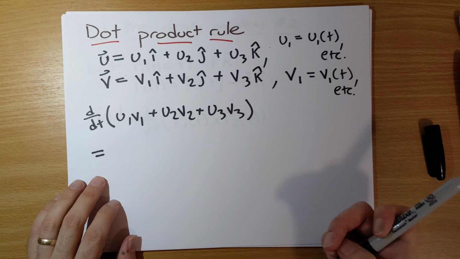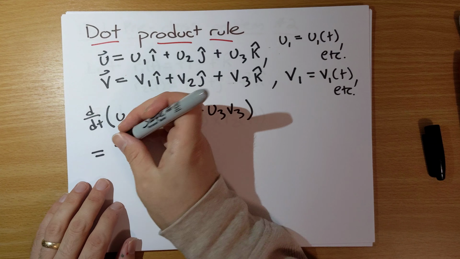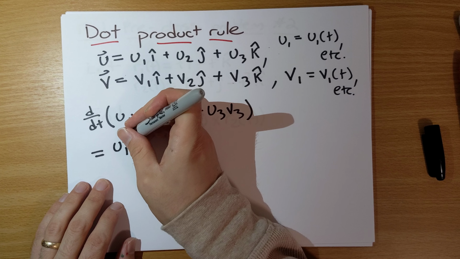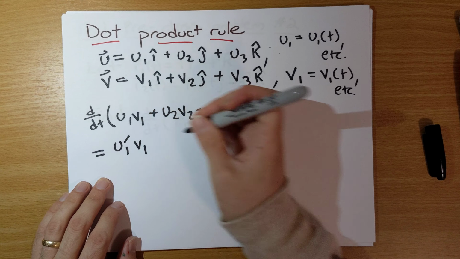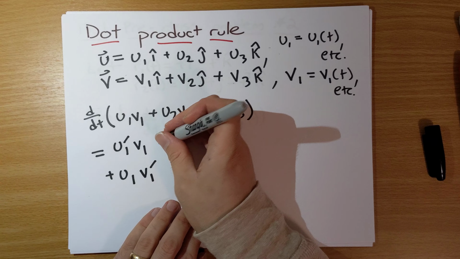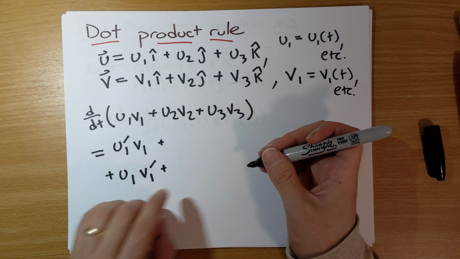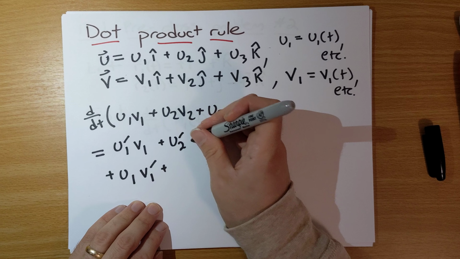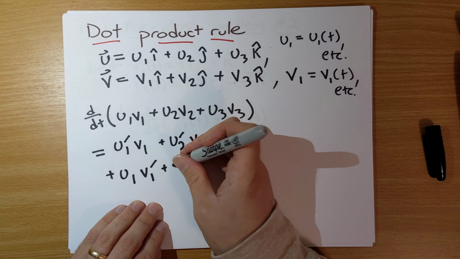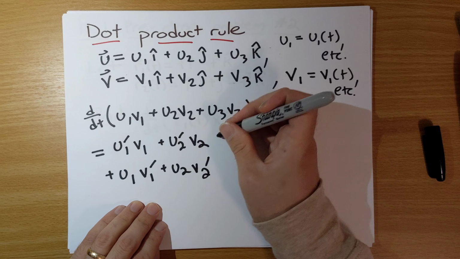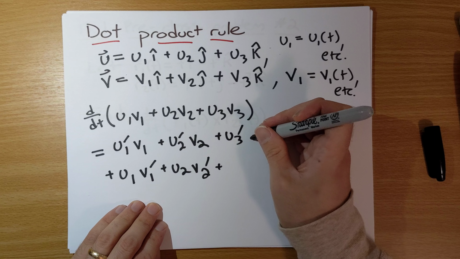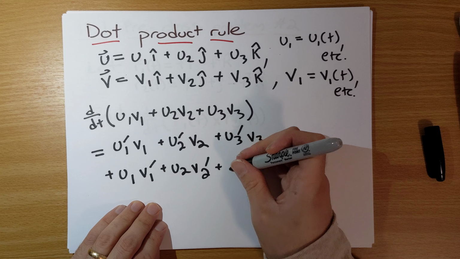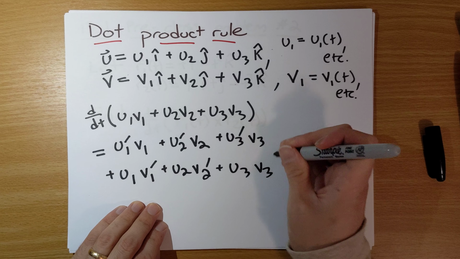So the derivative of u1 v1 is u1 prime times v1 plus u1 v1 prime. The derivative of u2 times v2 is u2 prime v2 plus u2 v2 prime. And the derivative of u3 times v3 is u3 prime times v3 plus u3 v3 prime.